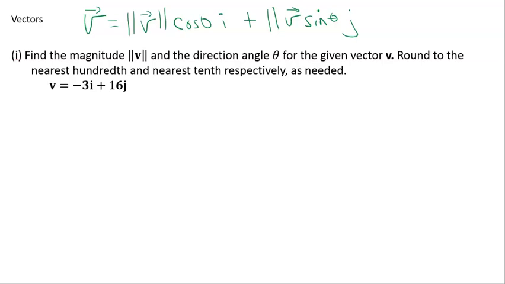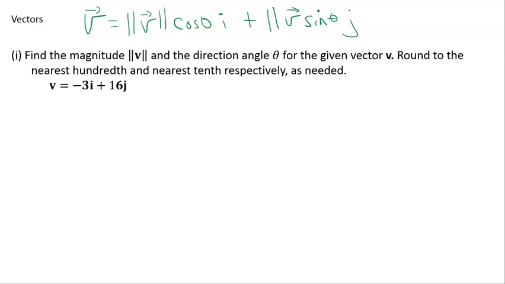Now, in this particular situation, example 1, we're trying to find the magnitude of V and the direction angle theta for the given vector. So it's almost like it's backwards. They're giving us the vector, and we've got to work backwards to find the magnitude and the direction angle. Okay?